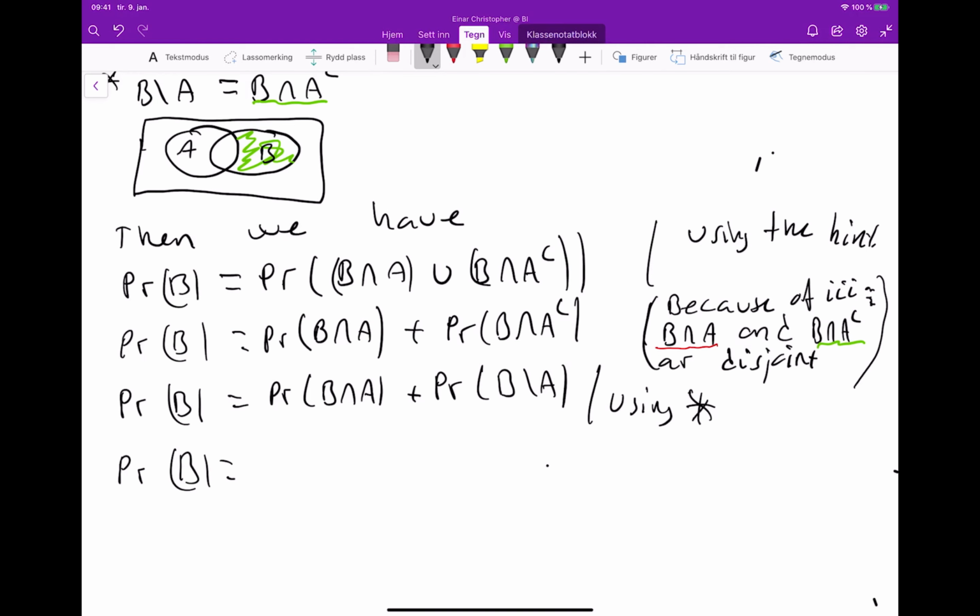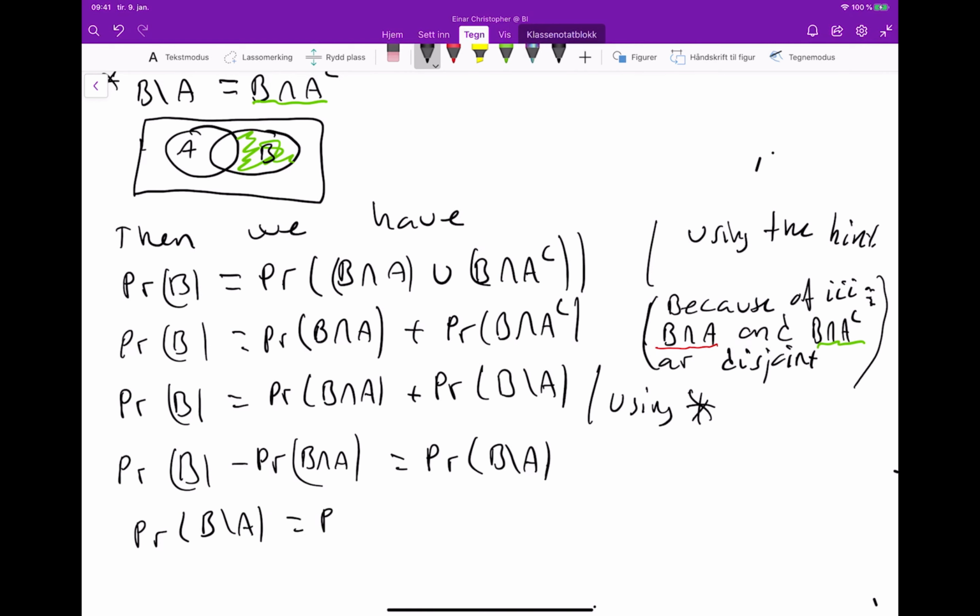So the probability of B minus the probability of B and A is equal to the probability of B minus A. And we can change the equality here, because we normally read from left to right, it's better to write this as the probability of B minus A is equal to the probability of B minus the probability of B and A, like this. And what we were supposed to show.